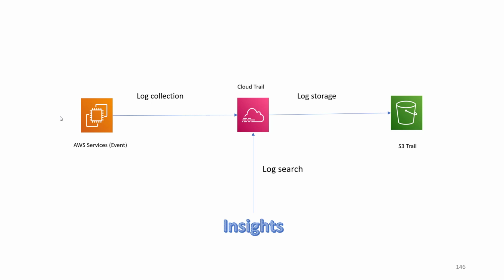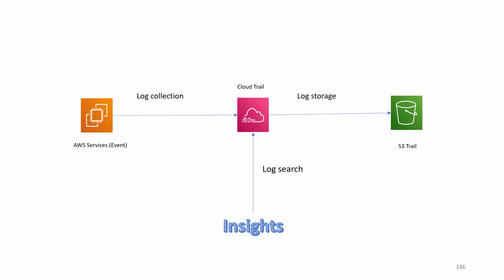Suppose you are creating a new EC2 instance using the EC2 service. There is one event already created when you call the API to launch this instance. You can collect these logs from the API, or we can say from AWS services. This is the first thing.